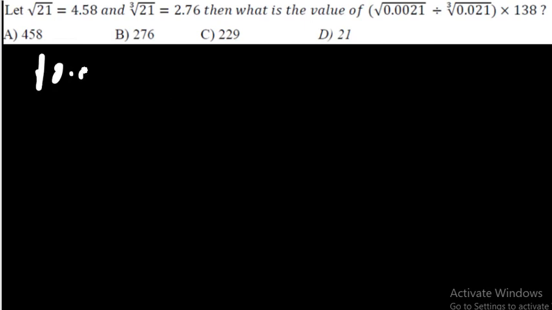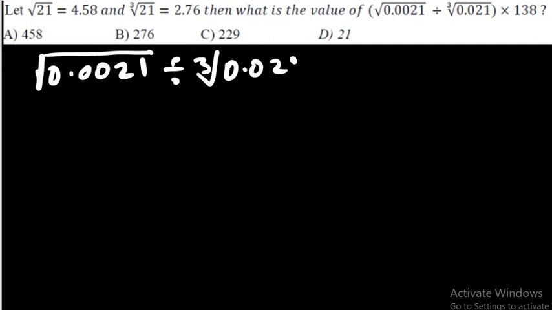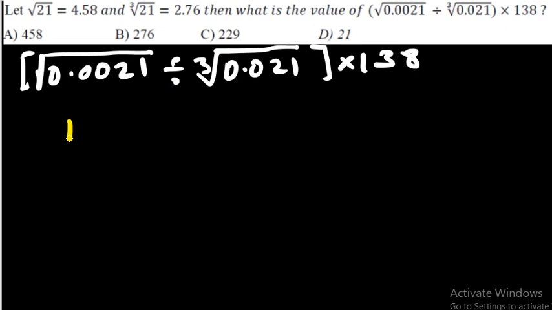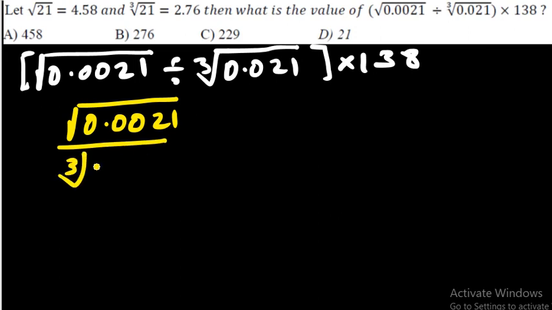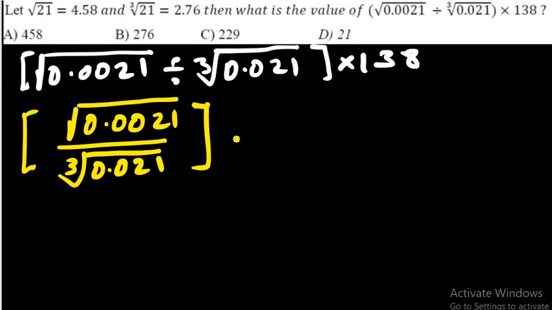The square root of 0.0021, then divide by the cube root of 0.021, then multiply with 138. Since it's division, I can write it as the square root of 0.0021, the whole over the cube root of 0.021, then multiply with 138. I can write it in fractional form.